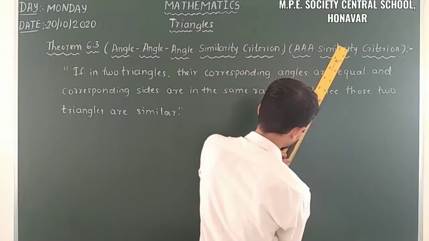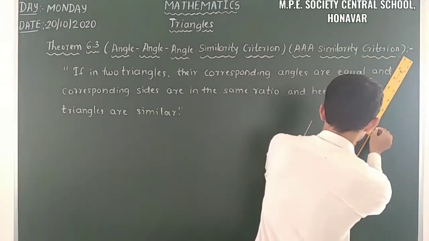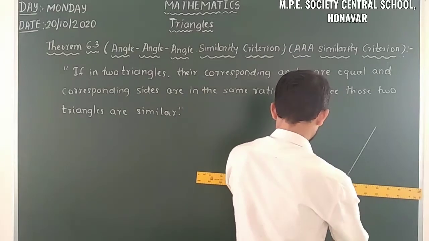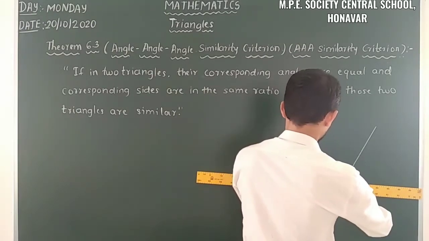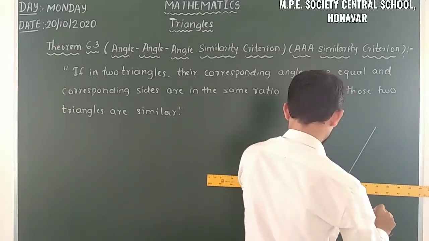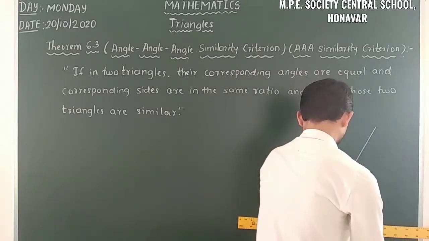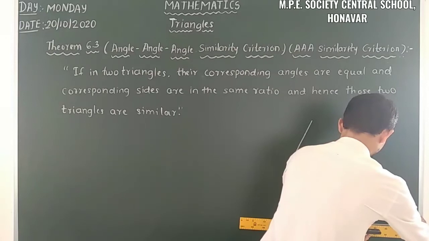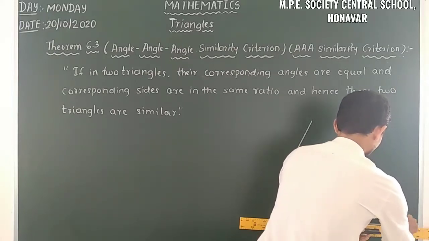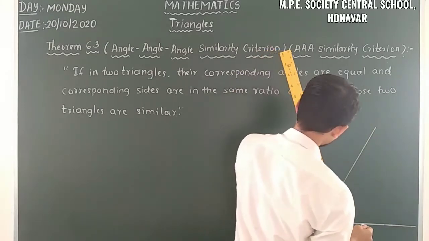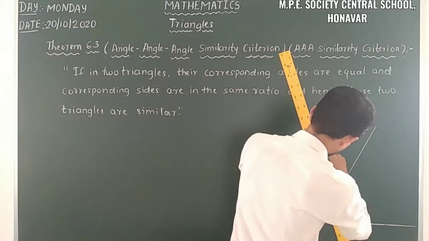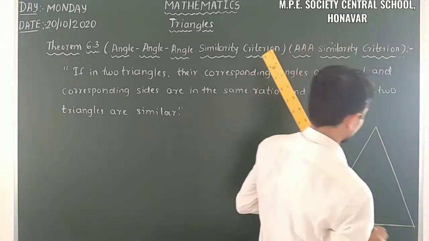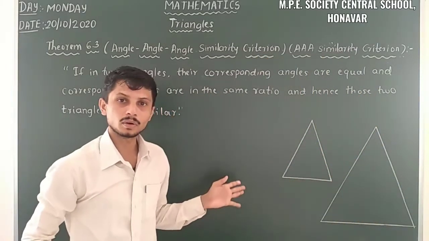Here I will consider the two triangles. Here we have the two triangles.